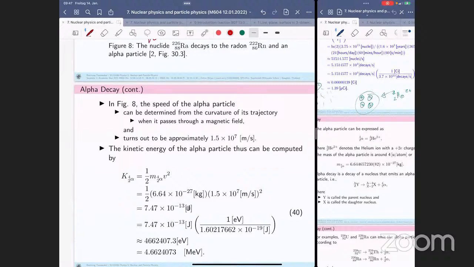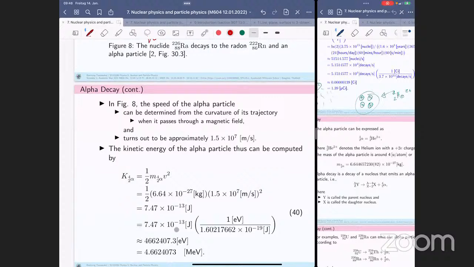You cannot feel this energy because the particle is very tiny, but it's better to make it significant in the nuclear physics society by converting the energy into the unit we have seen in the previous chapter on atomic physics, and that unit is the electron volt.